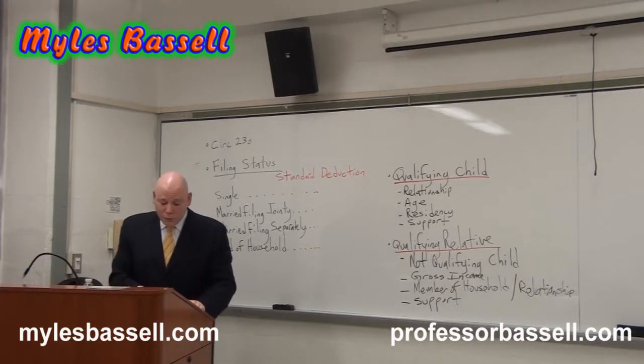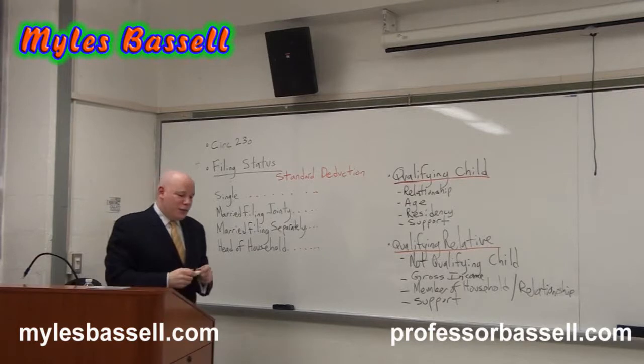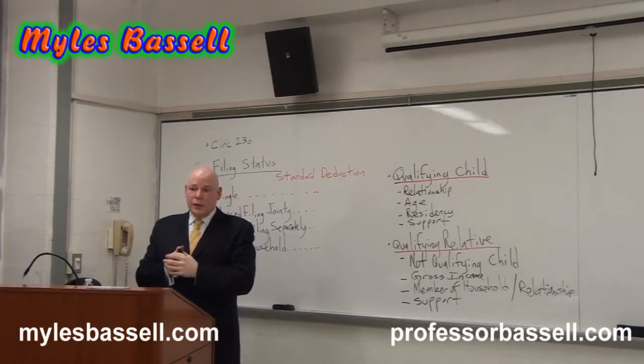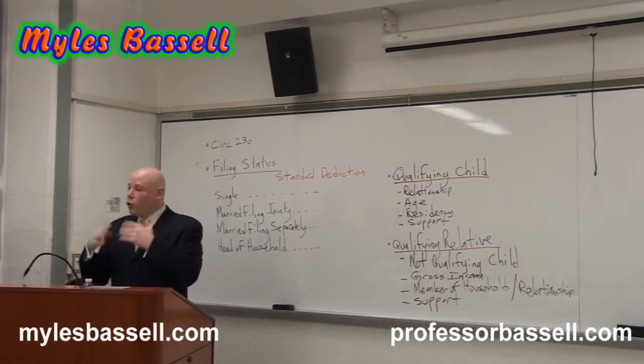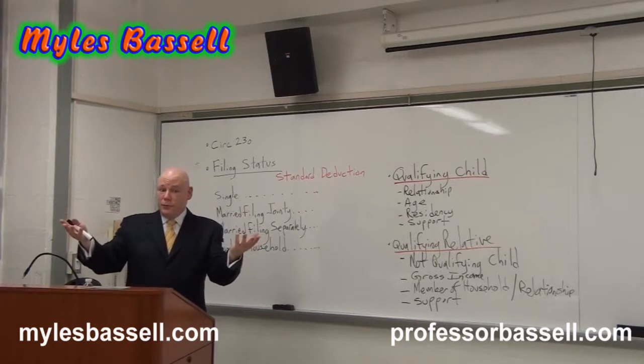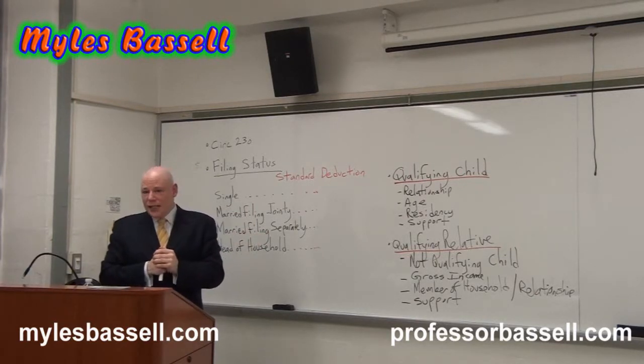All right, so now, what we're going to do is we're going to go back. I want to talk about filing status. Very critical decision. Whether we're preparing our own tax return or we're preparing a return for somebody else, we need to decide what is the filing status.